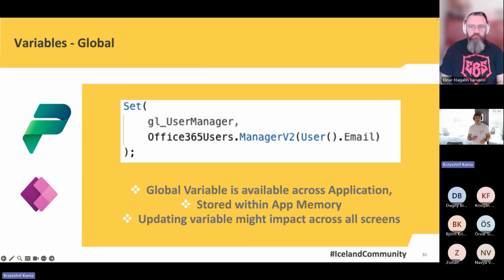But there are also a few disadvantages, because once we initialize it, it will stay with us for quite a long time. We have to manage that. So if we utilize global variables everywhere, we might have an issue with memory allocation, because please remember our users are not only utilizing applications on laptops.